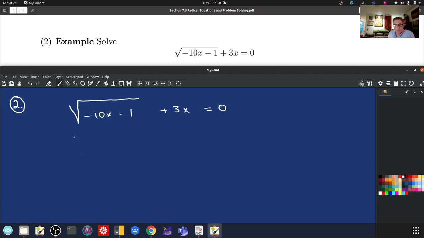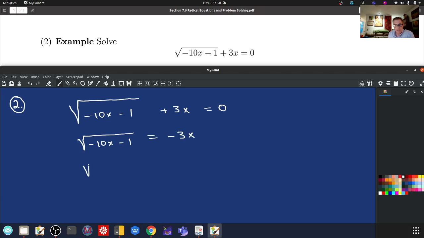So this is our original equation. So the first thing we have to do is isolate the radical. It has to be on one side of the equation all by itself. So that means I need to move 3x to the other side. That becomes minus 3x.